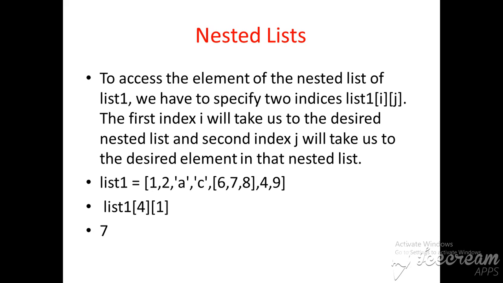Then inside that it takes the first position. 6 is the 0th position, 7 is the first position, 8 is the second position. So it will take 7 as the value. This is the way to access the elements inside the nested list. We need to specify two indices, list1 of i comma j. i specifies the list, j specifies the index of the element inside that list.